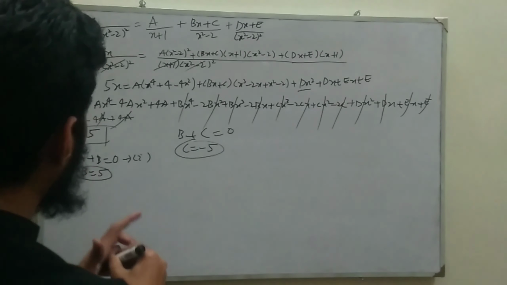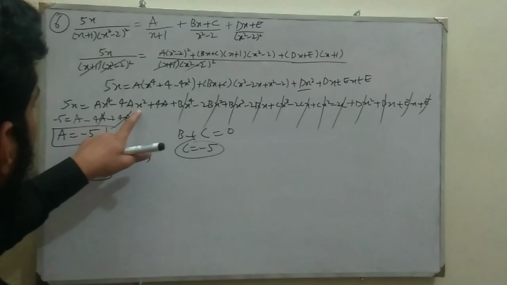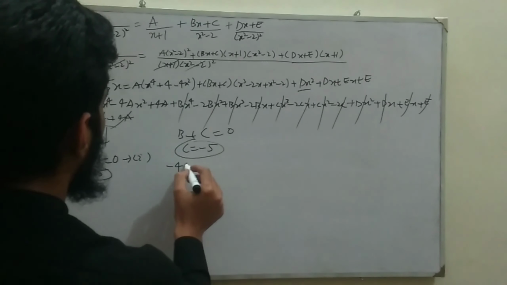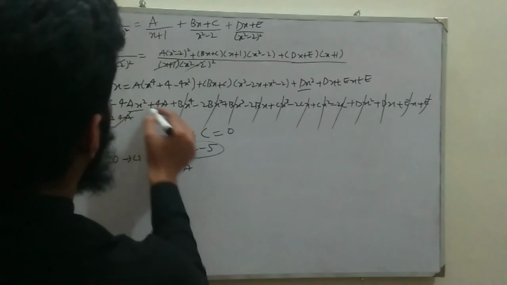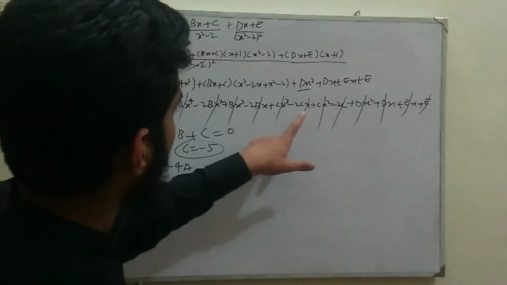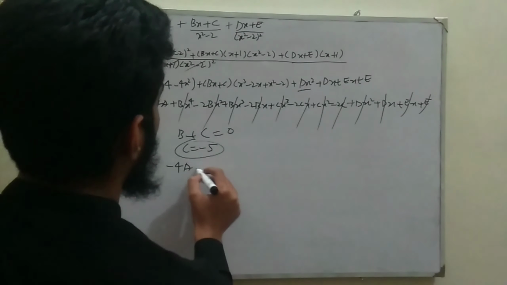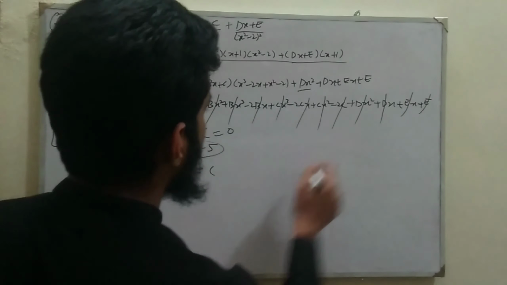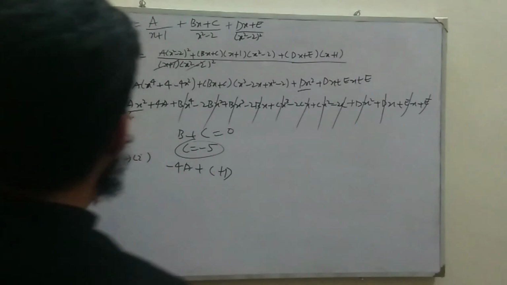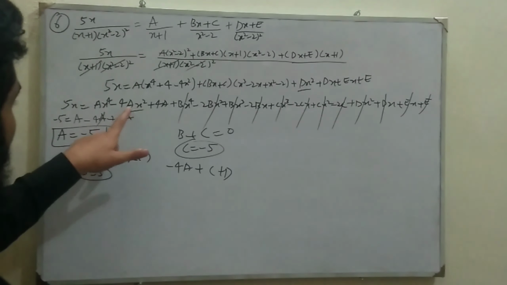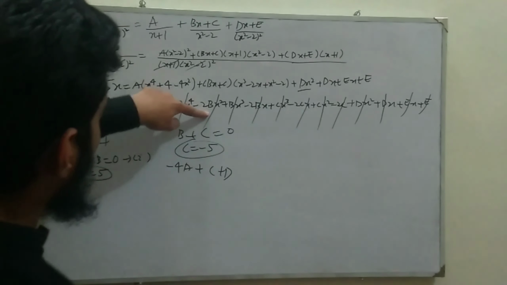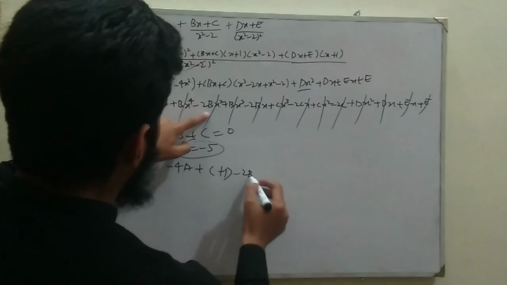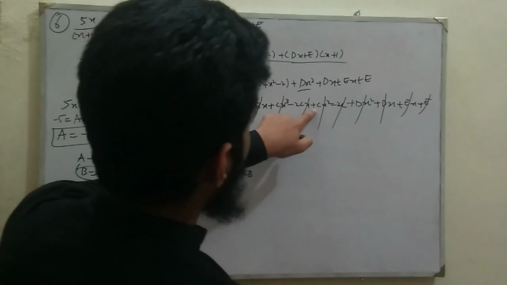Now comparing the coefficient of x square on both sides: on this side the coefficient of x square is minus 4A, minus 2B, and the coefficient of x square is C and D.